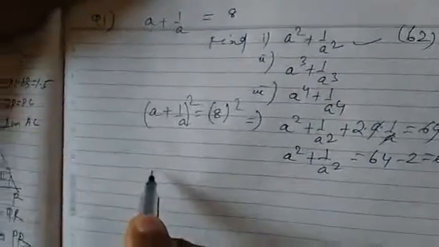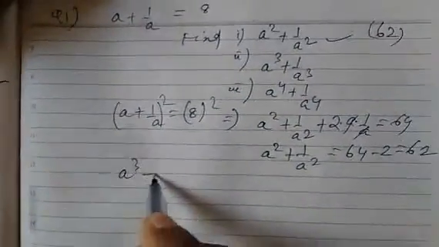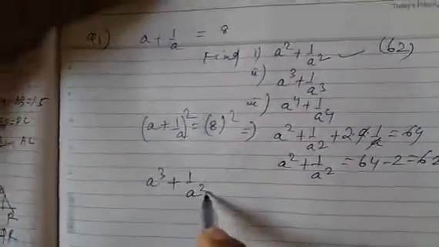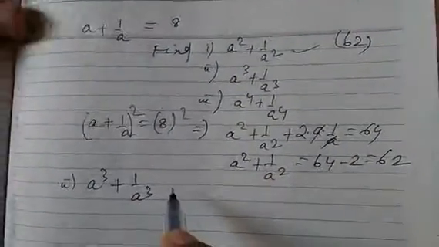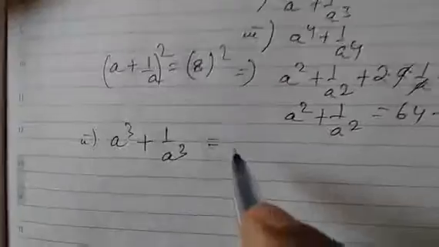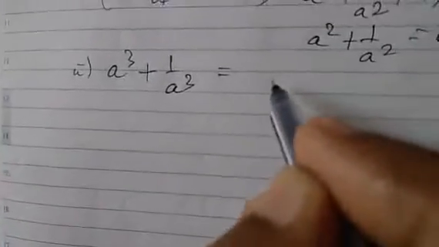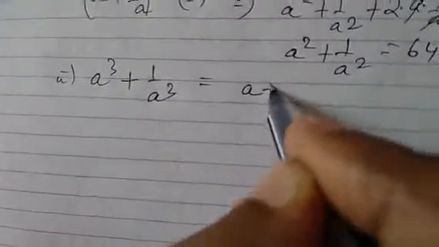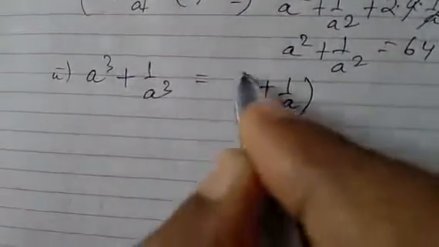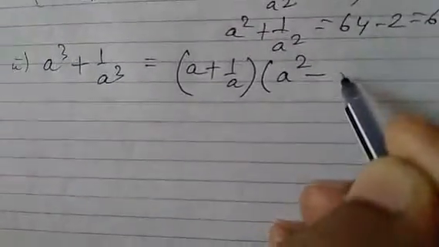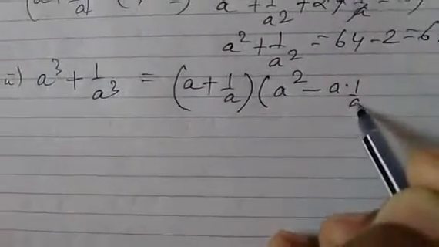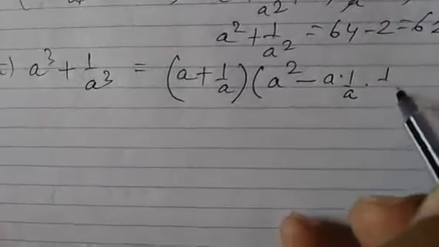Similarly, a cube plus 1 by a cube, the second bit. As you know, the formula for a cube plus 1 by a cube is a plus 1 by a into a square minus a into 1 by a plus 1 by a square.